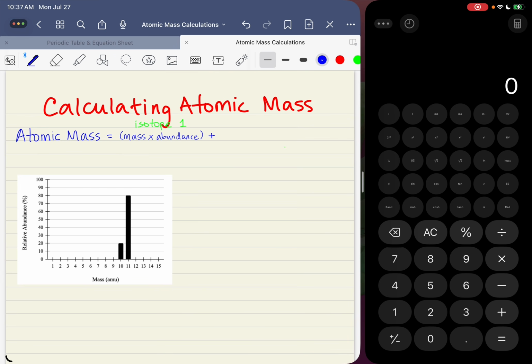And then if you have another isotope, you do the same thing: the mass times the abundance of isotope 2. If you have more than 2 isotopes, you just keep that going. For each isotope, you do the same calculation.